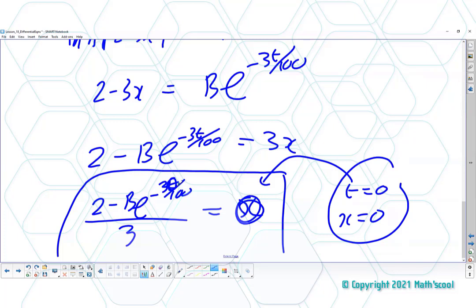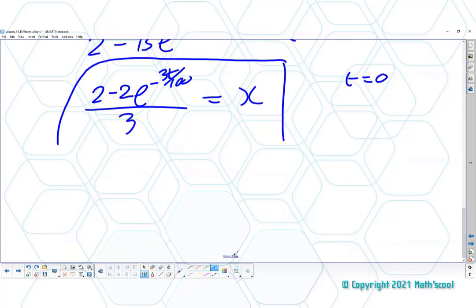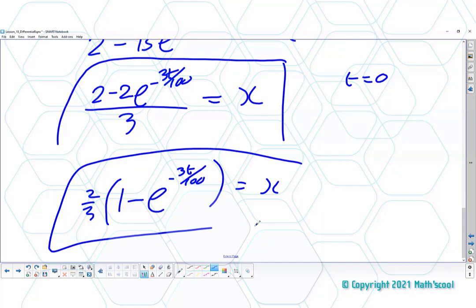So I can replace the b with 2. And so there's my equation. It's all nice and done properly. I'll just tidy it up a bit: 2/3 brackets 1 minus e to the minus 3t over 100. There's my equation for x.